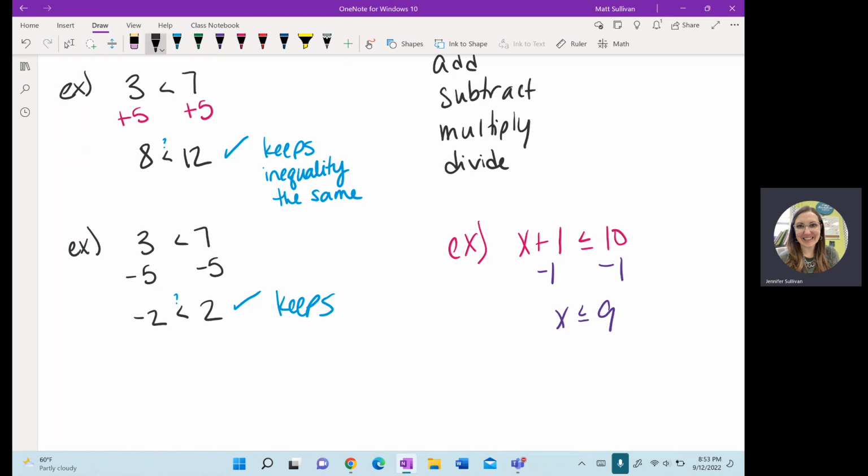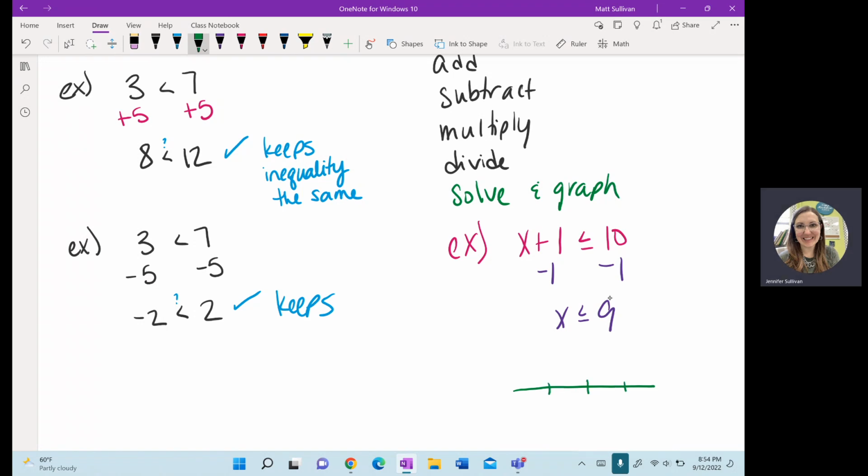But see, most of these problems that we're going to be doing, the directions are going to say solve, which is what we just did here, and they want us to graph the solutions. So on a number line, we're going to graph this inequality, which is what we did in lesson 2.1.